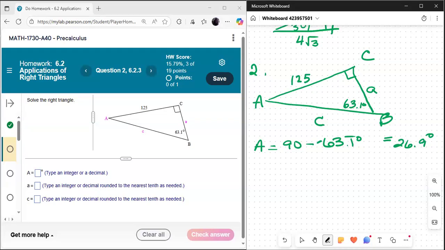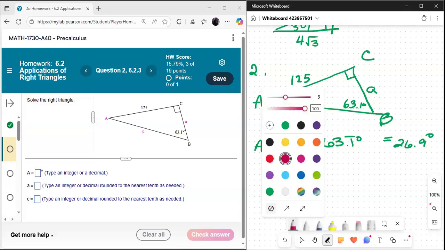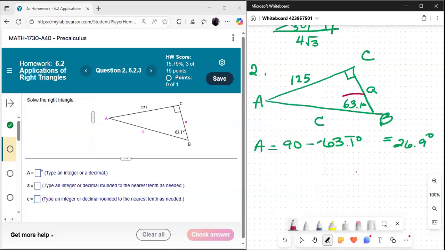We have angle B already known, and a trig function that uses one of the known values of 125, that's one of the sides.